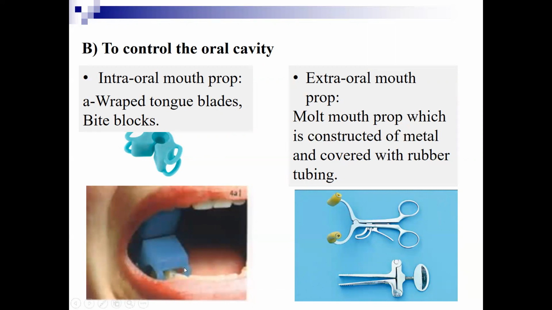For example, on the slide, you may see special bite blocks that are often used for controlling the oral cavity situation. And about the extraoral mouth prop, the mold mouth prop, which is constructed of metal, as you see on the slide, and covered with rubber tubing, is more commonly used in surgery.